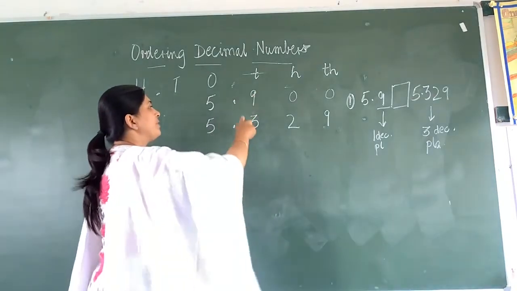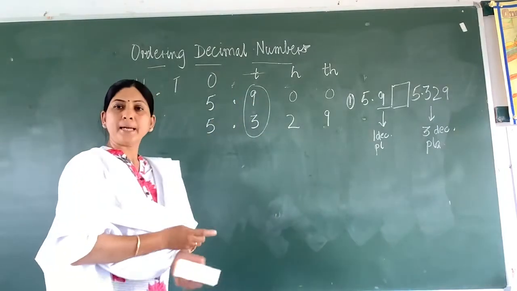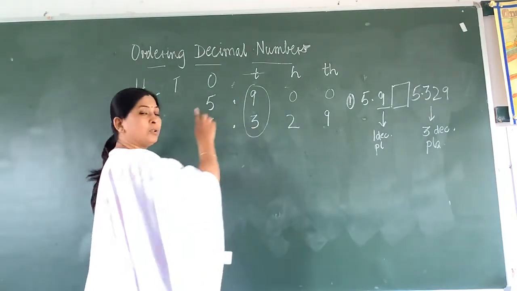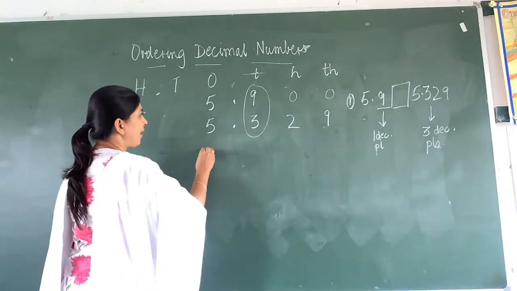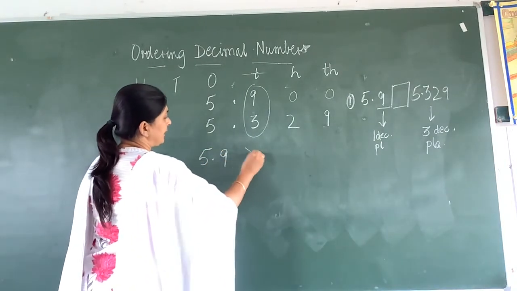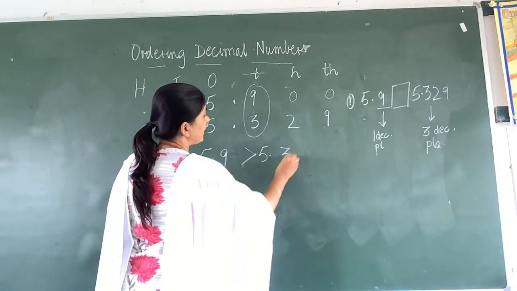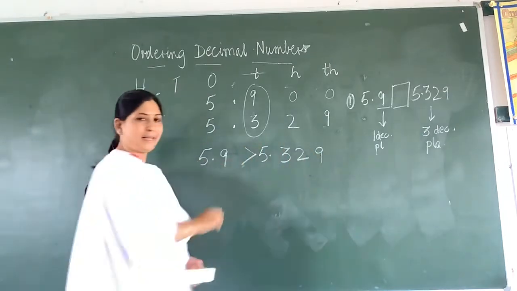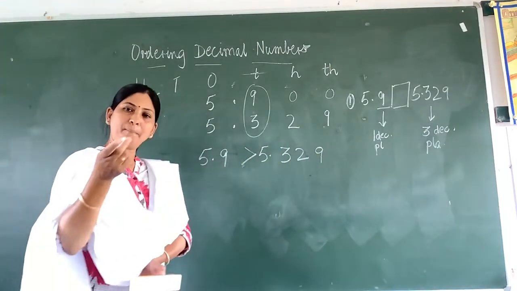So there is a difference here in the tenths place. Now 9 is greater than 3. So 5.9 is greater than 5.329.